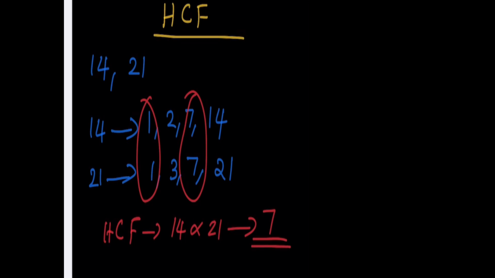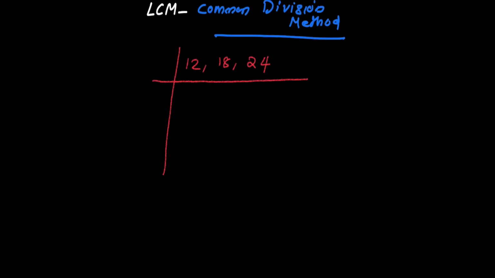Let's do another way to find both LCM and HCF. Let's do LCM through the common division method. Find the LCM of 12, 18 and 24. First, we have to arrange the numbers for common division like this.